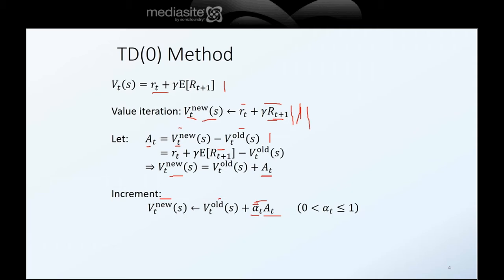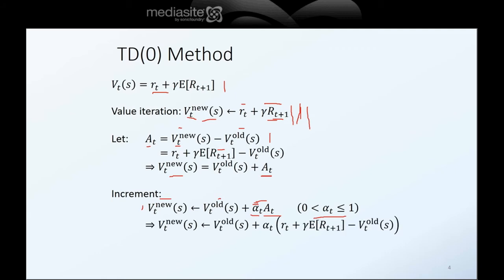And this alpha_t is between 0 and 1. So alpha_t should be quite close to 0. It should be small, so that we apply cautious increments, so that if we apply the same increment over and over again, then we will actually converge to the real V(s).